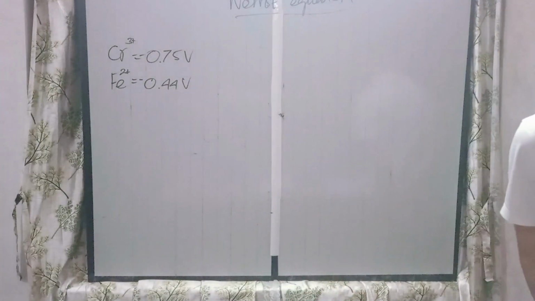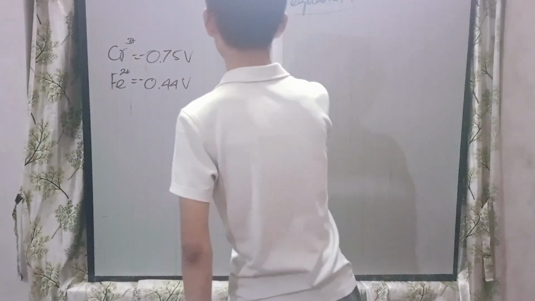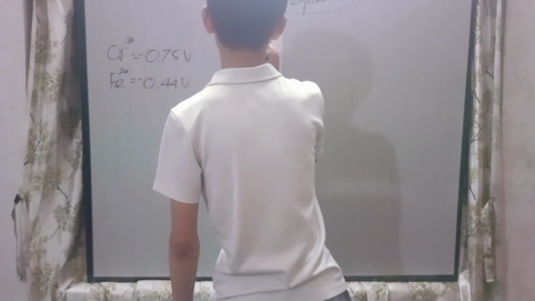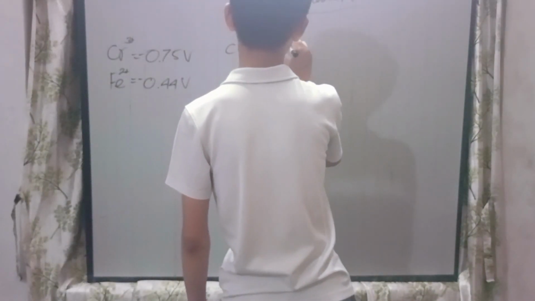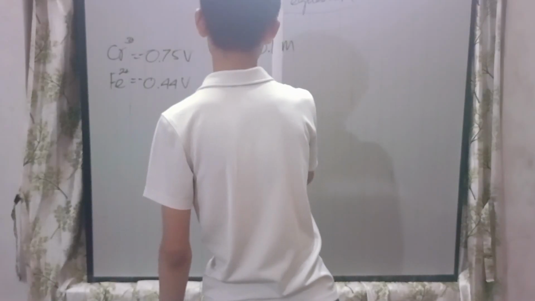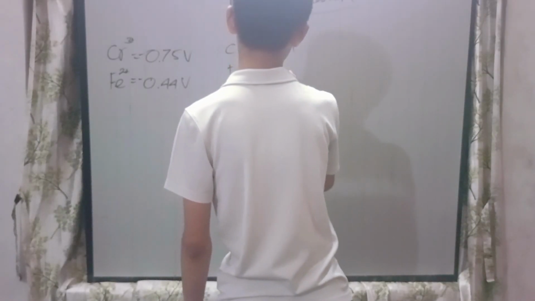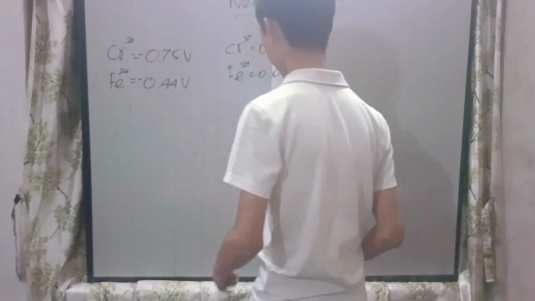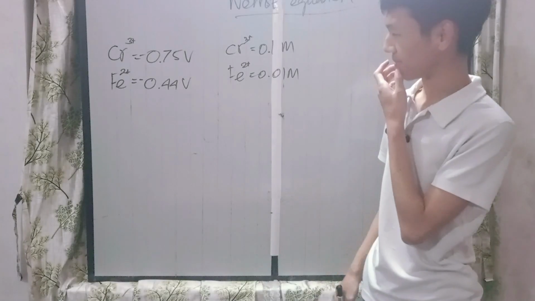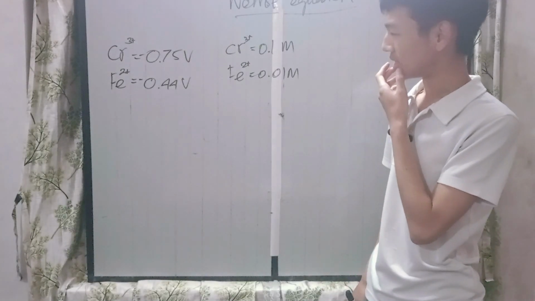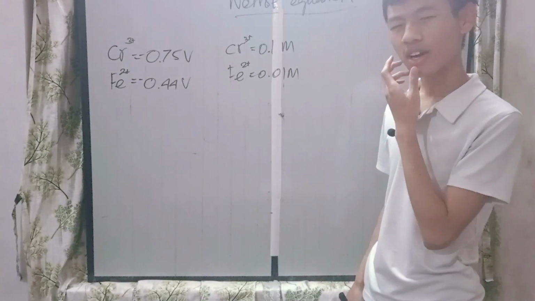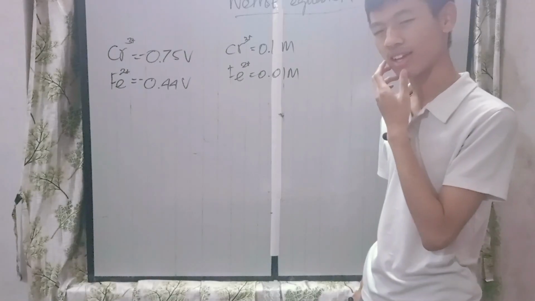And they have different moles: 0.1 mole of chromium, and in the case of iron we have 0.01 mole. Can you identify which is the cathode and anode here?